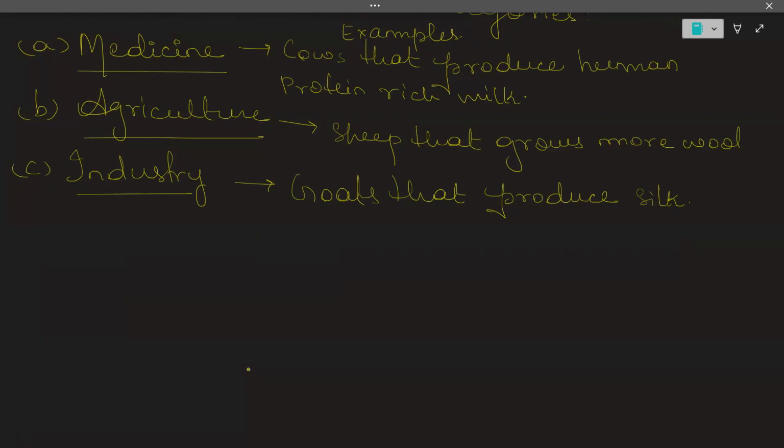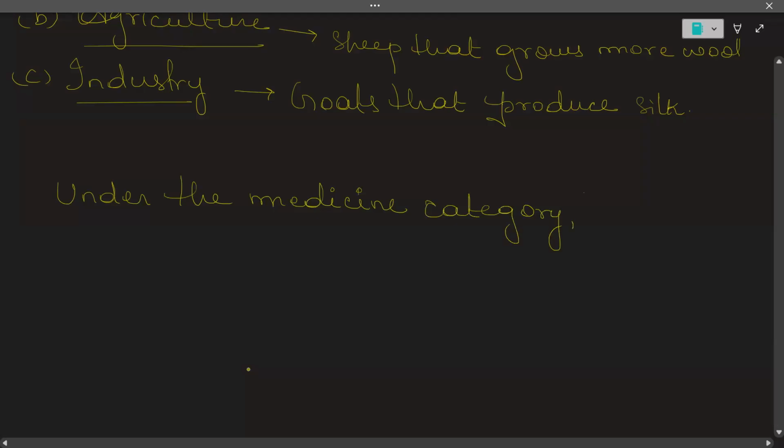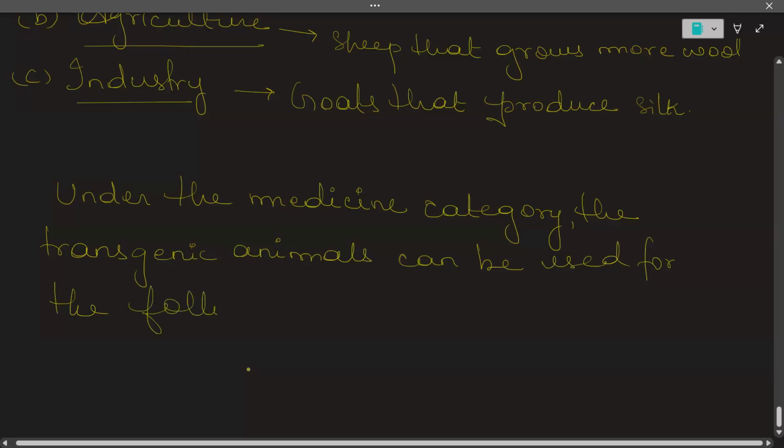So all of these things can be done under the medicine category. Let us see what they are used for.